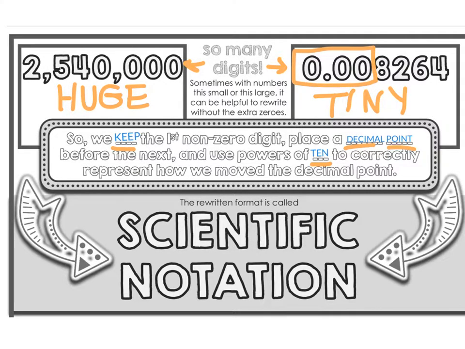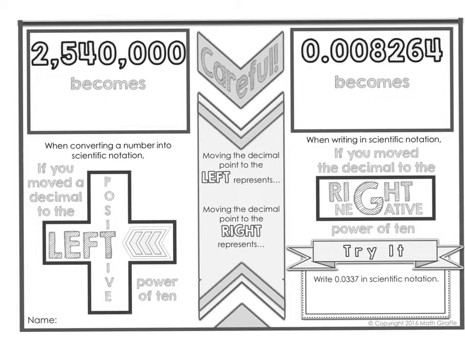Now we're going to take this huge number up here and this tiny number down here, and we're going to put them into scientific notation. For our 2,540,000, it said we're going to keep the first non-zero digit and place a decimal point before the next. The first non-zero digit is 2, and we're going to place a decimal point before the next one.